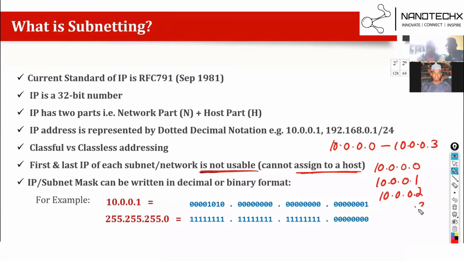Now in this network, the first IP address cannot be used. It is called the network number. It represents this whole group. If somebody asks which group this range belongs to, we will say it belongs to 10.0.0.0. The first one is the name of the whole network, and the last one is called the broadcast. If you send any communication to this IP address, it will go to everyone else as well.